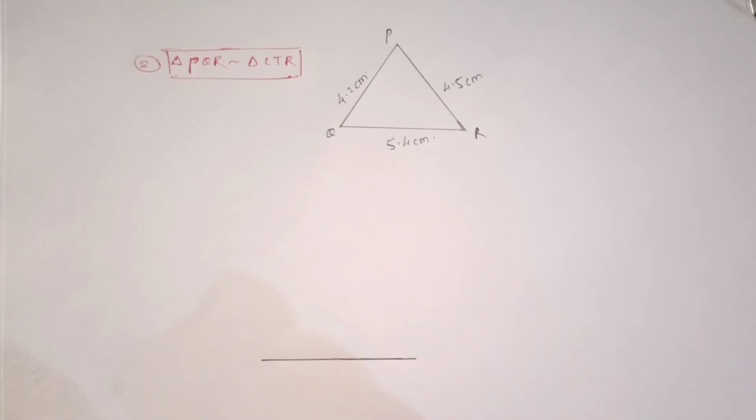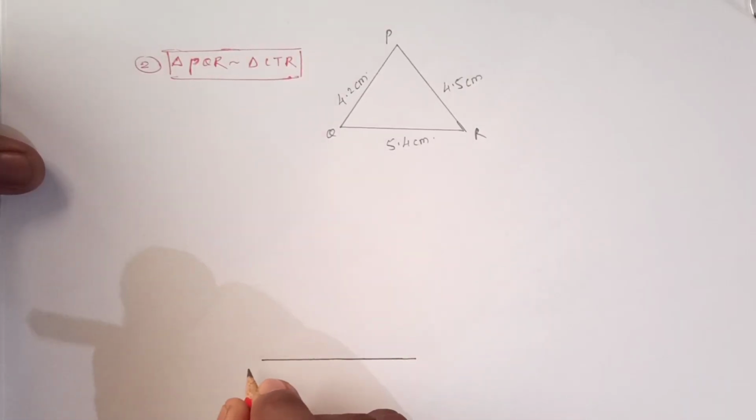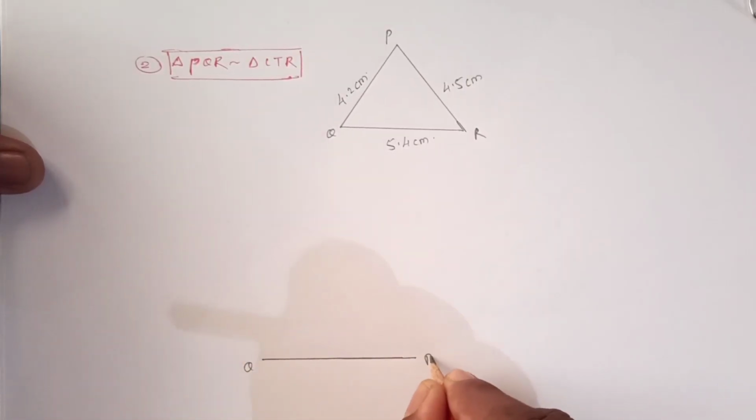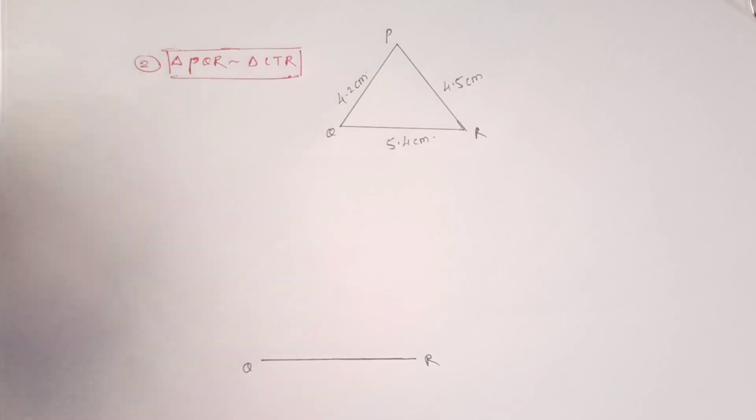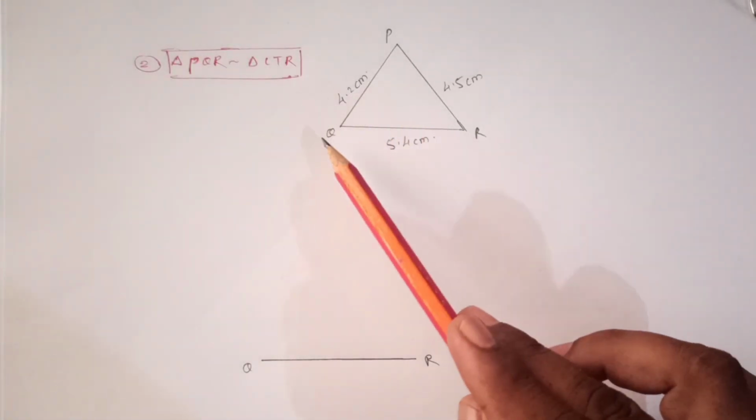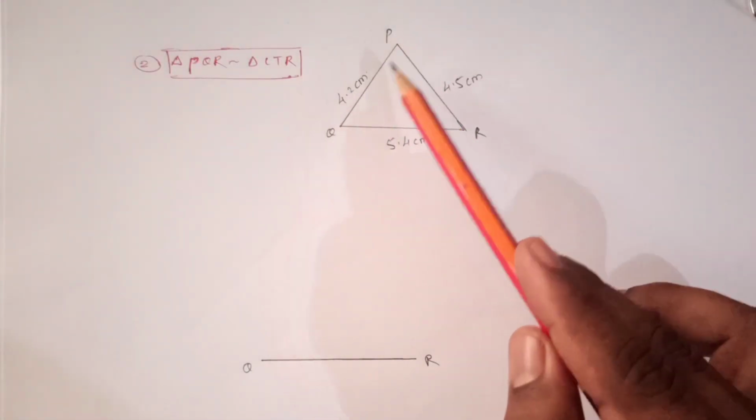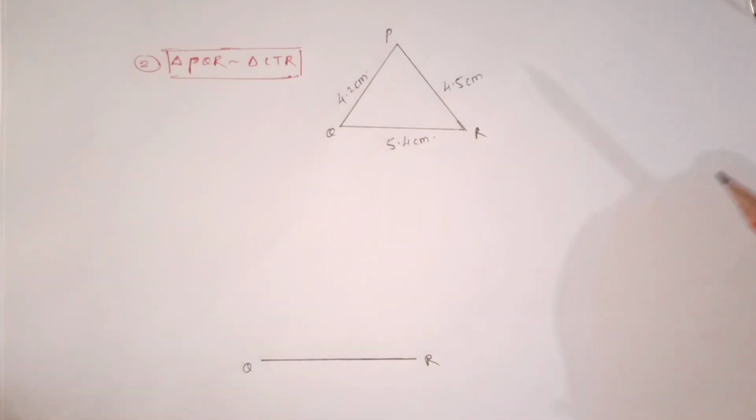This is Q and this one is R. Now this common vertex should be on the base of the triangle. So from this Q, how much is the point P? The distance between P and Q is 4.2 centimeter.